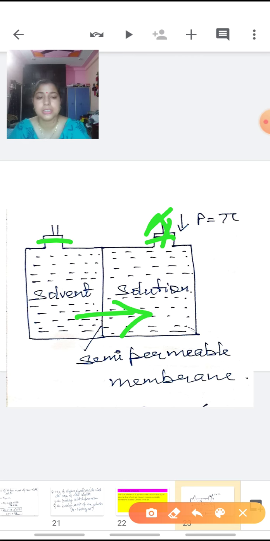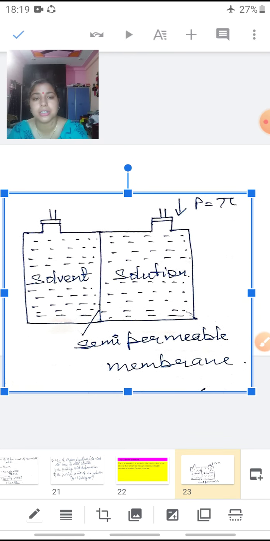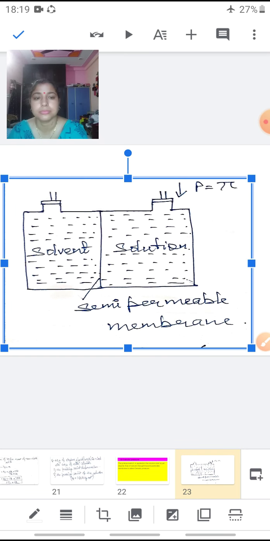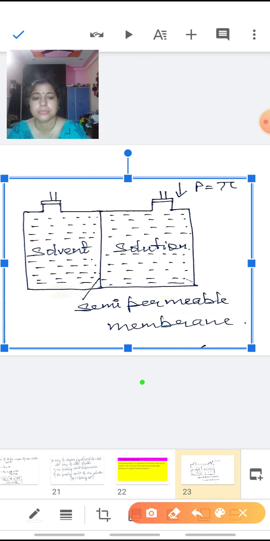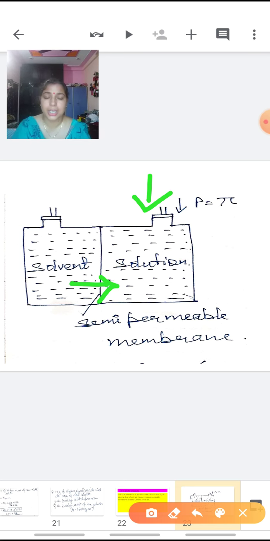Now, what happens if I apply some pressure here? The solvent will stop coming from here to here. Why? Because I'm applying the pressure on the solution, due to which more solvent will not be able to come to this side.